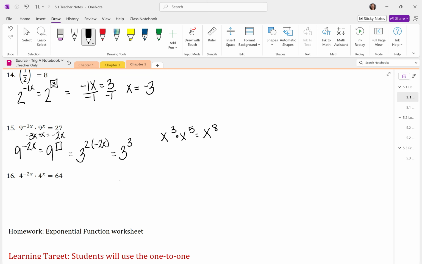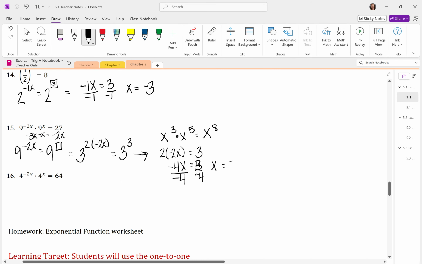So the bases are the same, so then I just have 2 times negative 2x equals 3. It's negative 4x equals 3. Divide by negative 4. x equals negative 3/4.